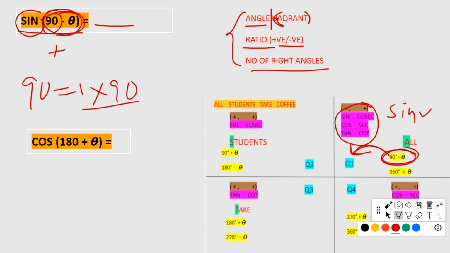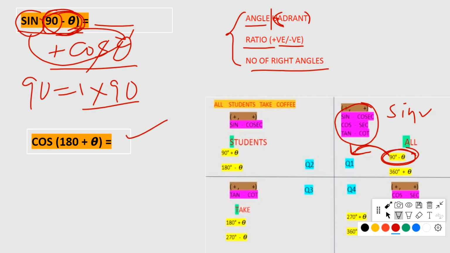Whenever the given angle is an odd number of right angles, then the ratio must be changed. The sine ratio changes to the cos ratio. Here theta. So cos theta is our answer.